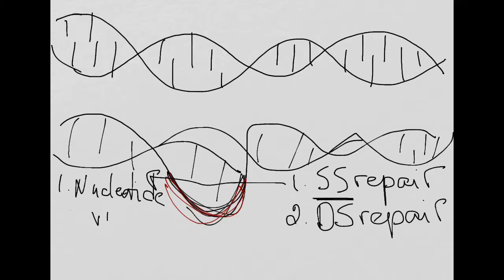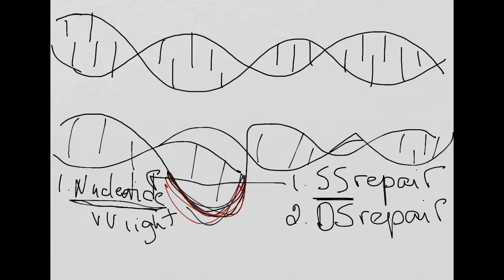What happens is the pyrimidine dimers are recognized by the enzymes called endonucleases. These enzymes go into the strand, into the cell, and they cut out the damaged nucleotides, which is how this name is implied here, nucleotide.